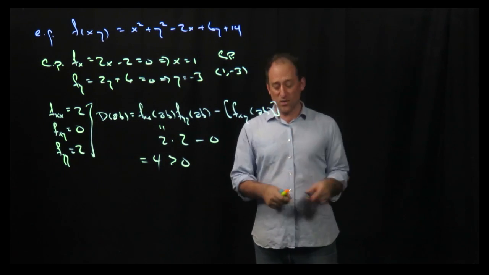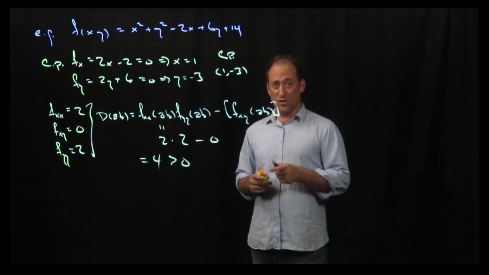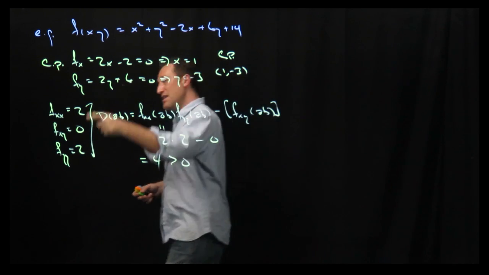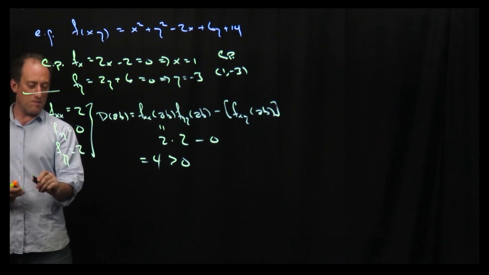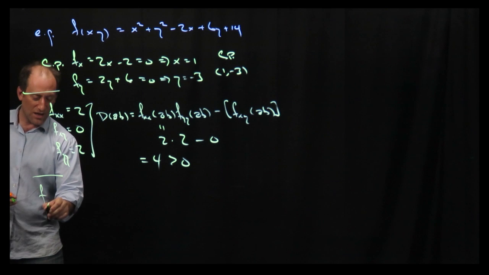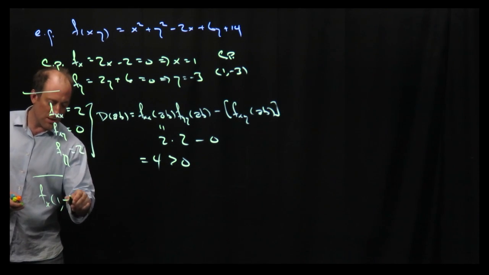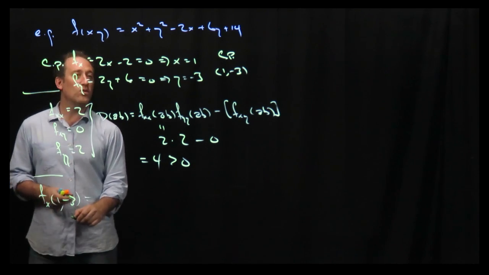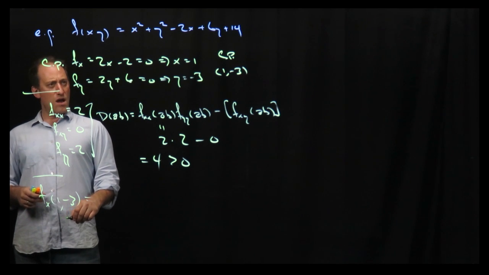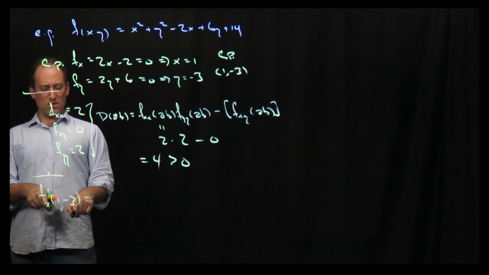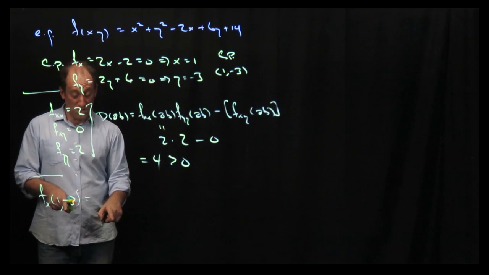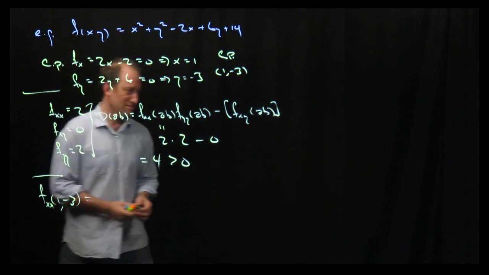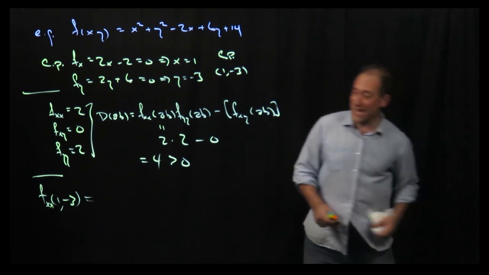That means, according to the second derivative test I had a moment ago, that I'm going to have a local max or a local min depending on the sign of fxx at AB. So, at the critical point, fxx at (1, minus 3) will be, let's see, 2 times 1, which is, hang on a moment, excuse me, fxx at AB.